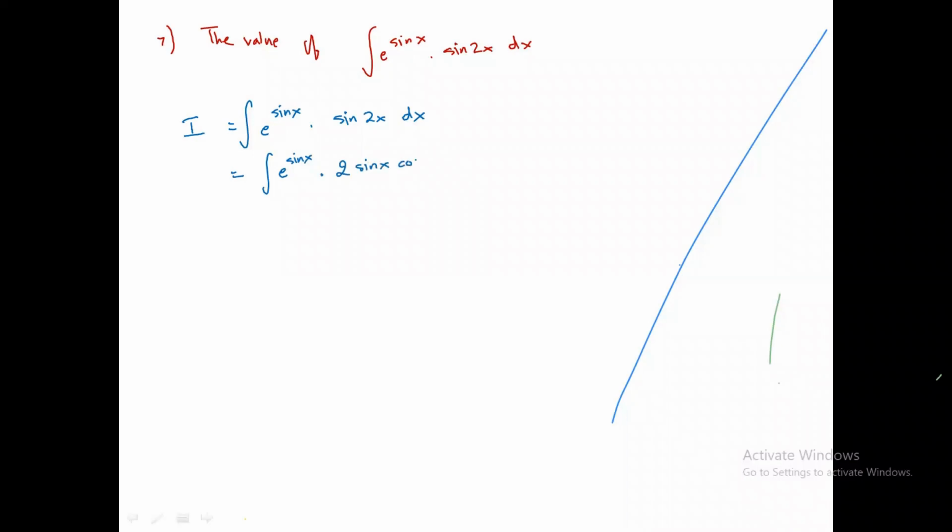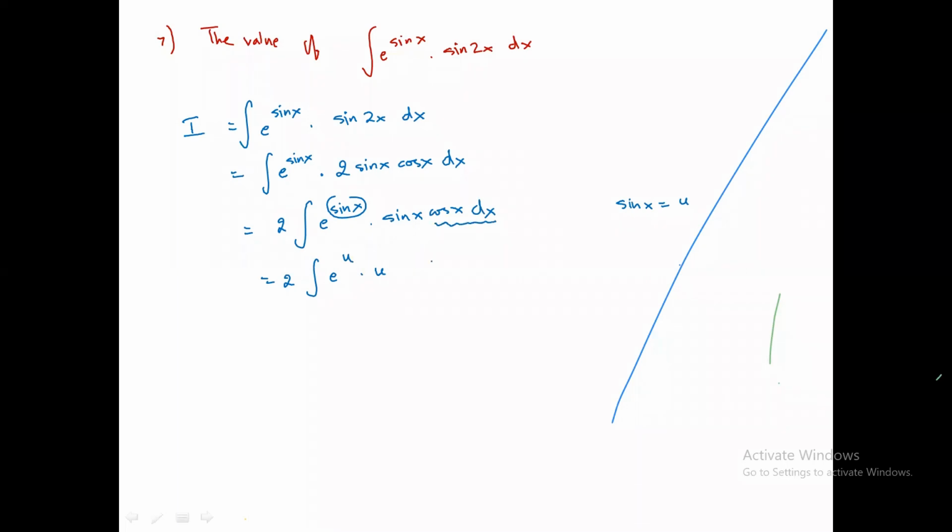First of all, I will use the formula for sin 2x: 2 sin x cos x dx. And then 2 I will take outside because it's a constant. E power sin x into sin x cos x dx. Immediately I will get the idea that sin x I can take as u. So if I put sin x as u, the integral, 2 is outside, integral e power u into u.